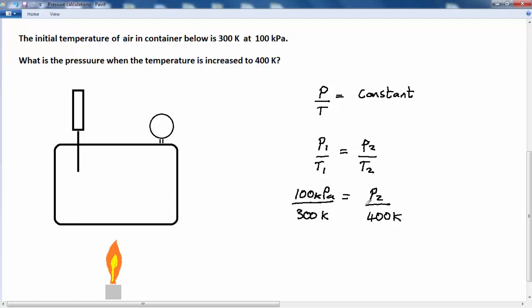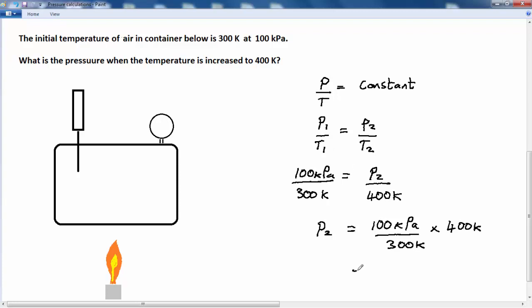So we want to get P2 on its own, and to do that we're going to multiply both sides of the equation by 400 K. Right, so the final pressure, P2, will be equal to 100 kilopascals divided by 300 Kelvin multiplied by 400 Kelvin, which equals 133 kilopascals.